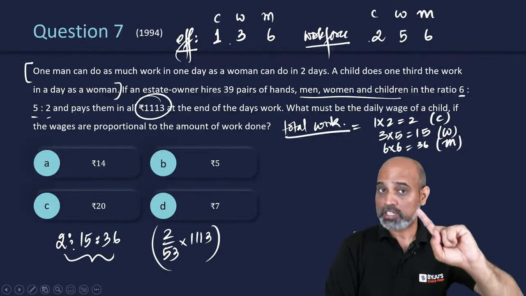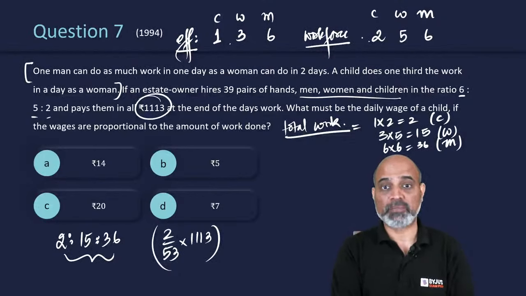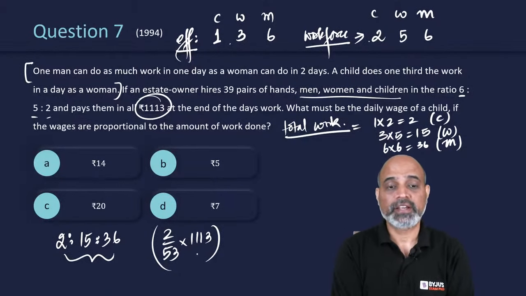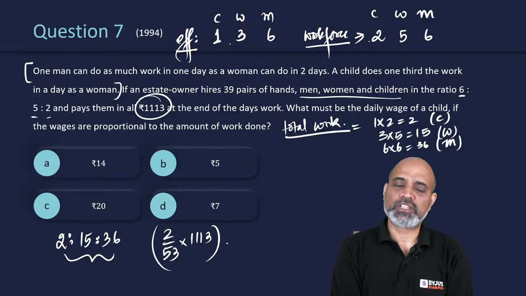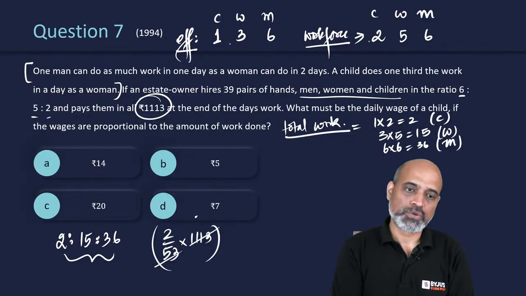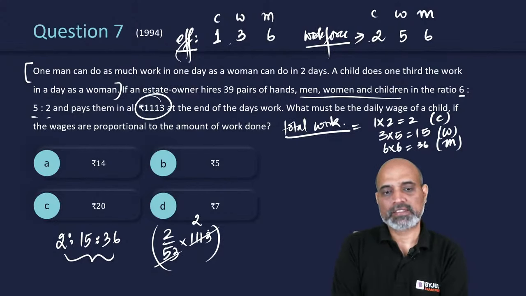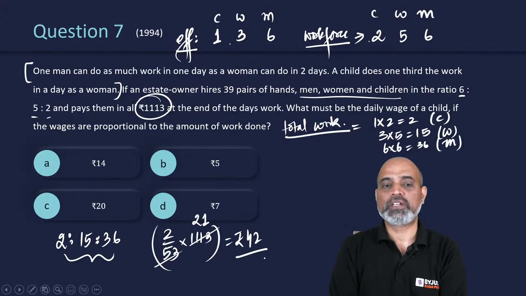Remember, this too is not single child's work. It's all the children, because we multiplied with them with the number of children over here, right? So how many times will this go? 2 times जाएगा और 106 and then 53. So 21 times. So can we say that 42 rupees is the amount that children make?